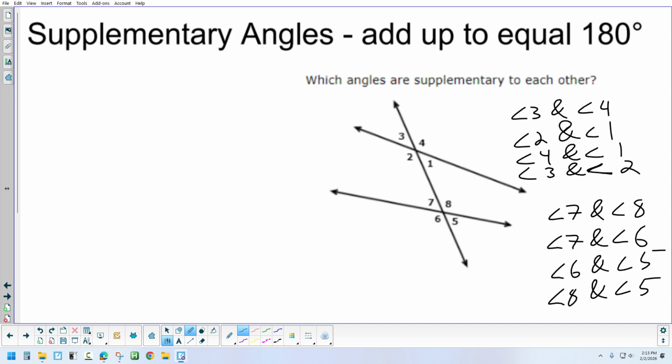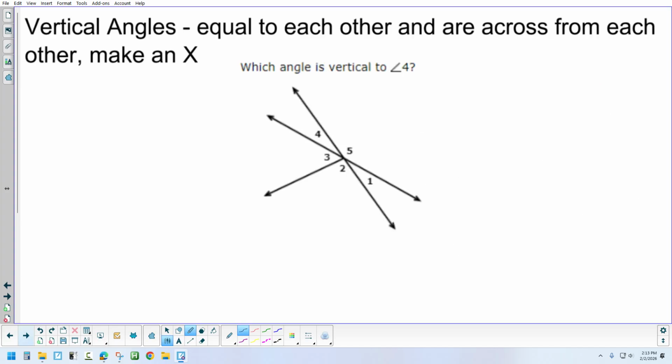How about on the next page? I'll go to it, but I want to see if people know it first. Angles that are crossed from each other in an X shape. Does anybody know what you call those? Like 1 and 3 in this picture. Vertical angles. Yep, those are vertical. So vertical angles are across from each other in an X shape. All right.